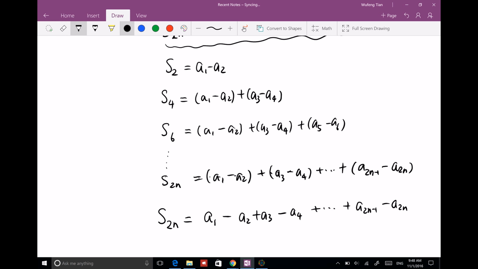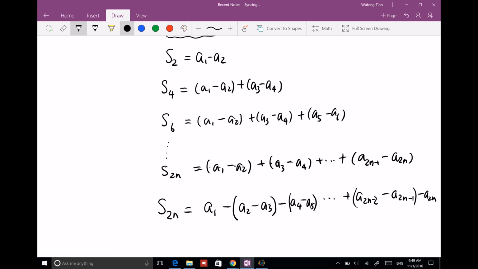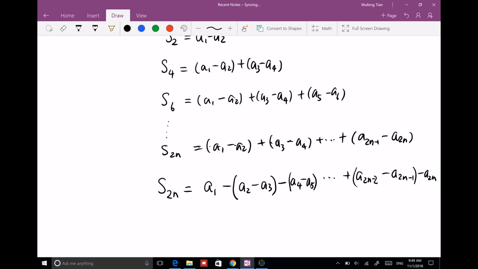Okay, so if I combine these together, I put a negative sign here, then I must change the positive into negative here: minus a4, minus a5. And the last two are going to be a_(2n-2) minus a_(2n-1), and minus a_2n.